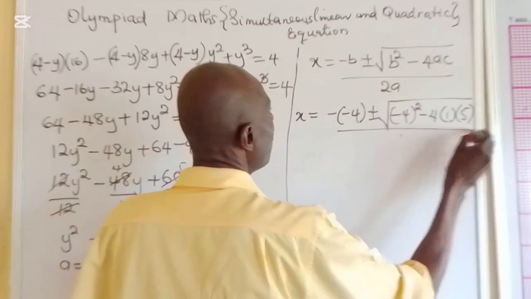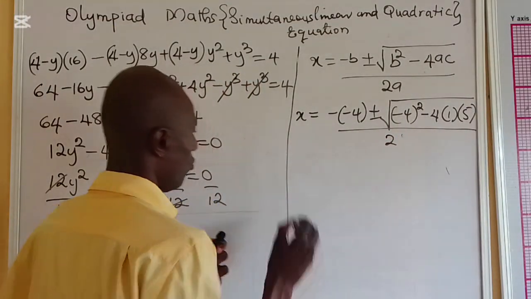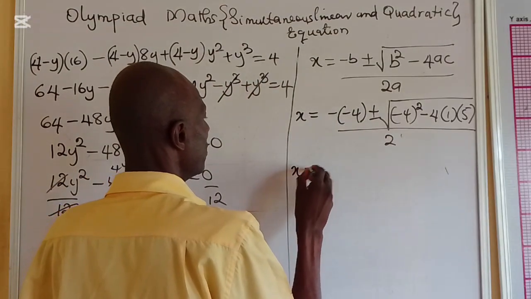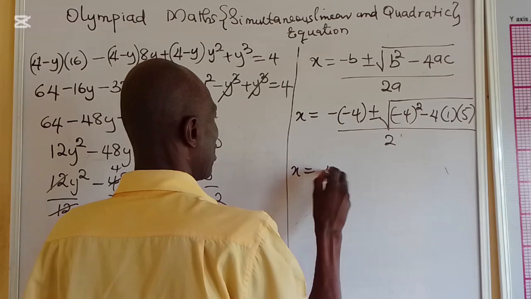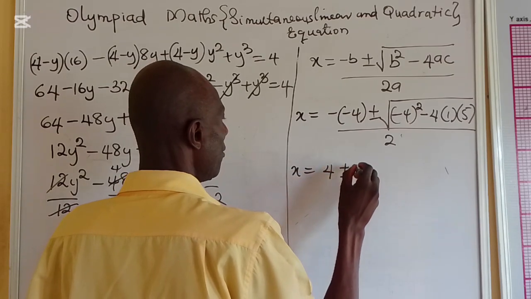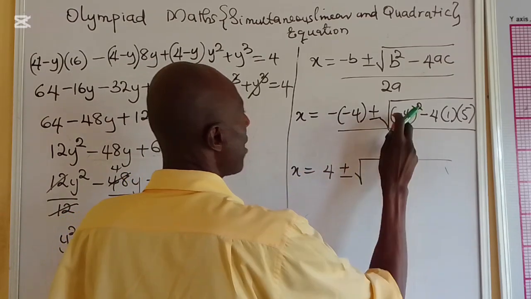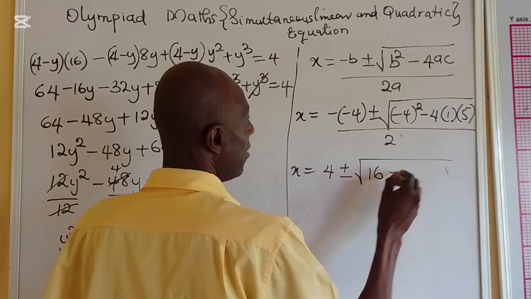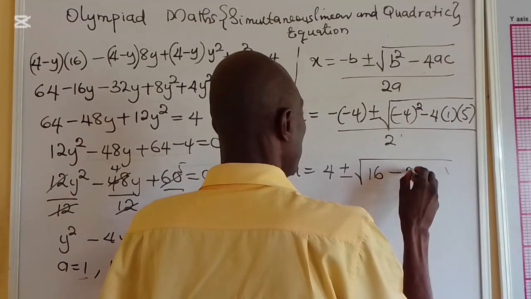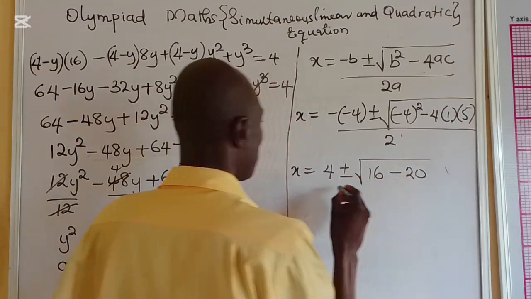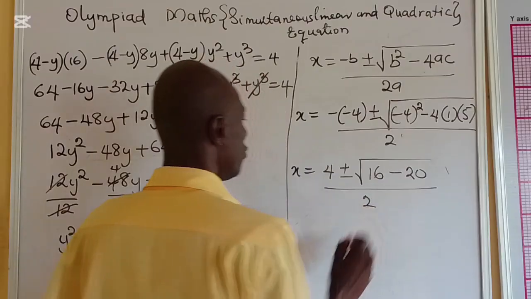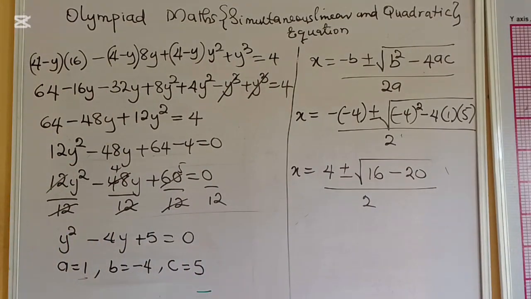Okay, all over 2, because 2 times 1 is 2. So x, minus times minus gives us plus 4, plus or minus 4 squared gives us 16, 4 times 5 gives us 20, all over 2.